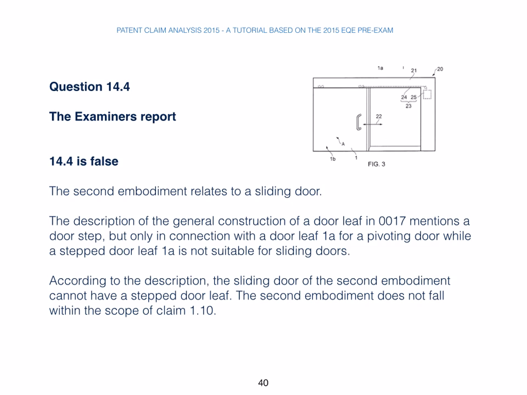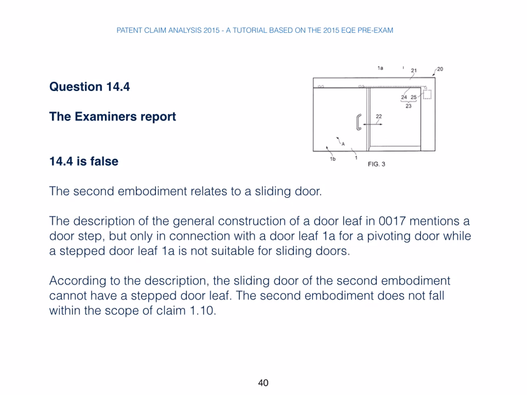Here the examiners say that 14.4 is false because the second embodiment relates to a sliding door. The description of the general construction of a door leaf in paragraph 17 mentions a door step, but only in connection with a door leaf 1A for a pivoting door, while a stepped door leaf 1A is not suitable for sliding doors.